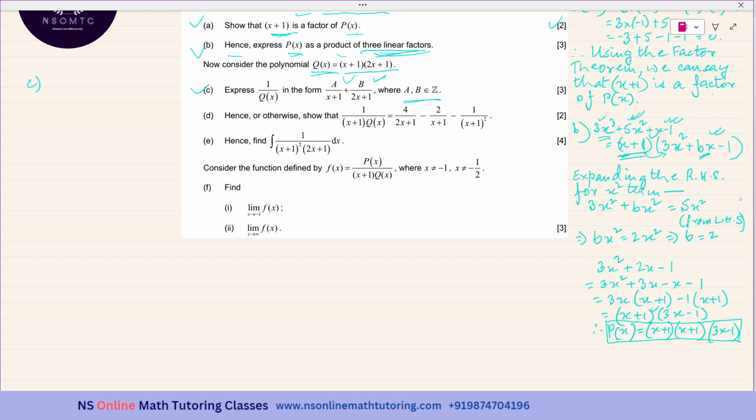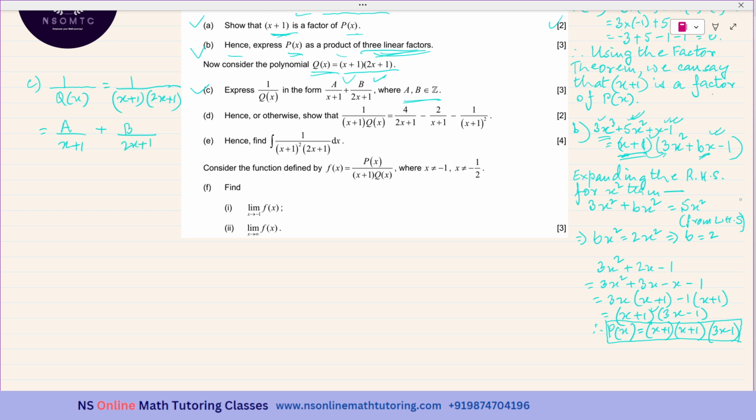Okay, so let me come over here. 1 over q of x is equal to 1 over x plus 1 times 2x plus 1. This should be equal to a over x plus 1 plus b over 2x plus 1.